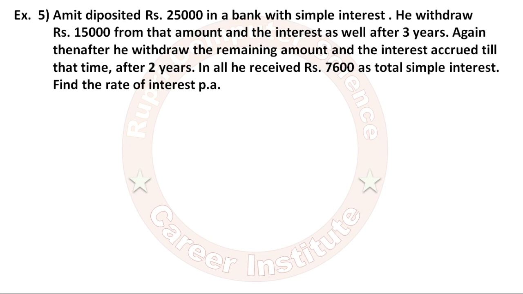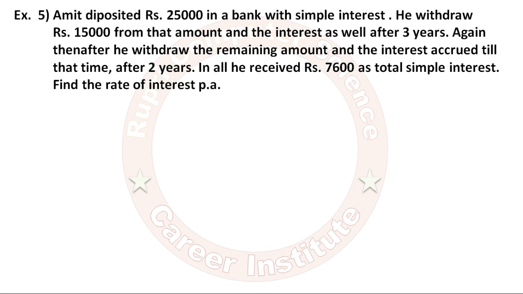Now see, first of all understand: Amit deposited 25,000 in a bank. Then after 3 years, he should take the 25,000 deposit and the interest. So only 15,000 should not be withdrawn directly.